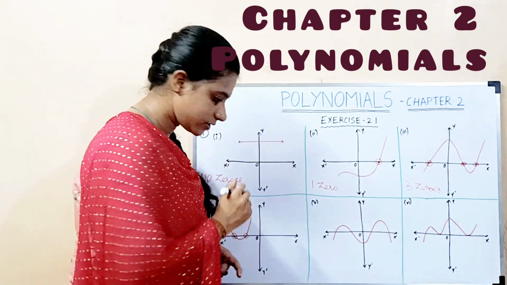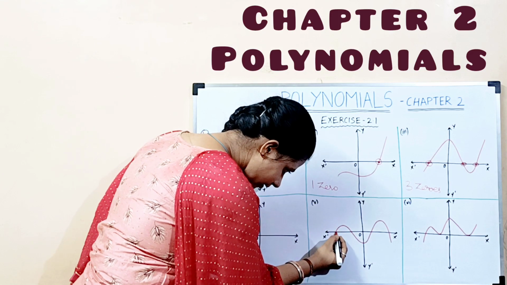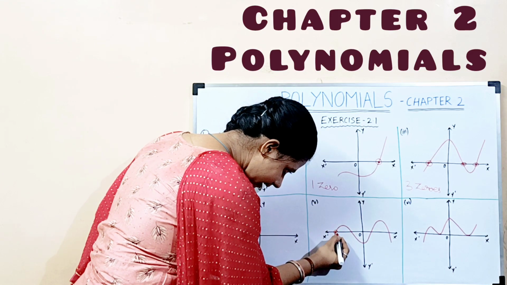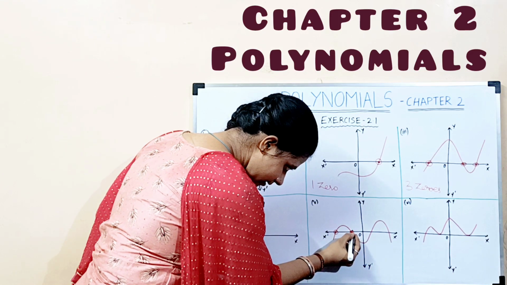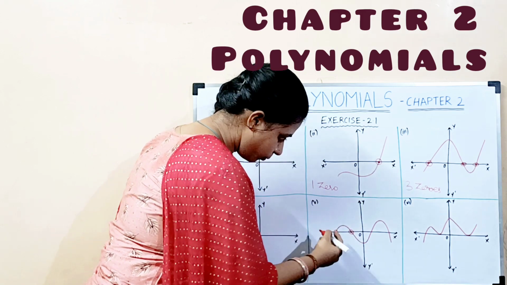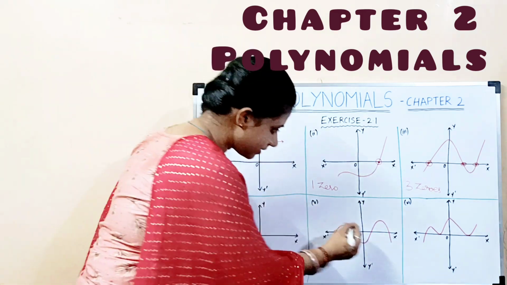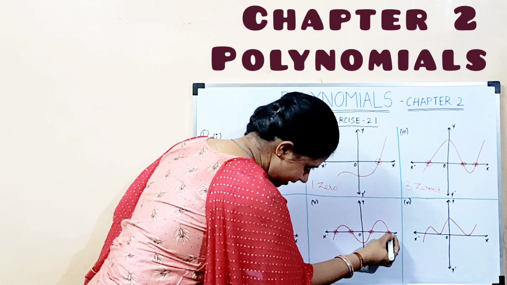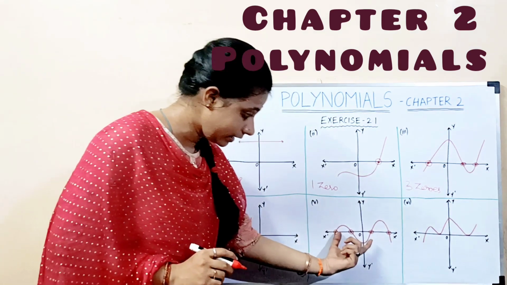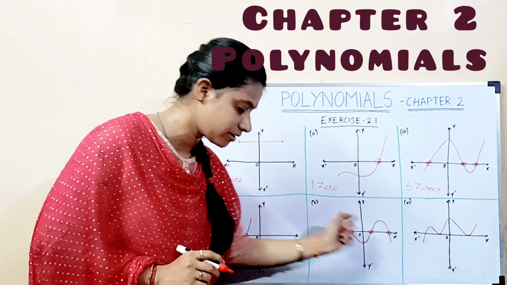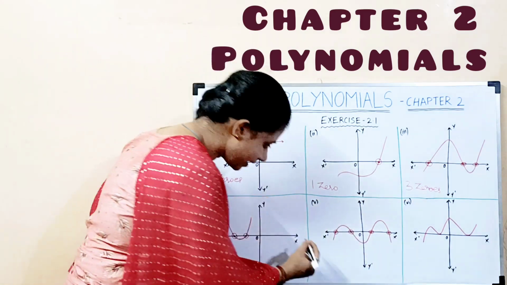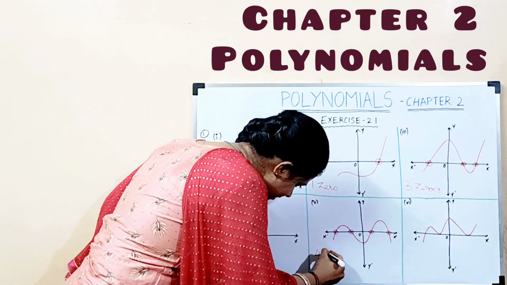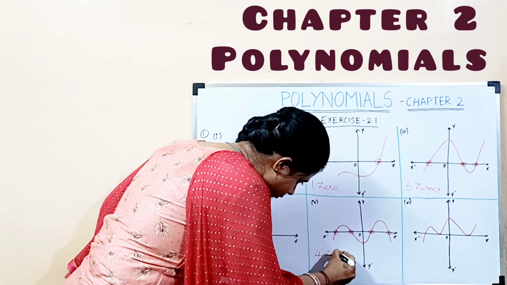Now coming to the fifth subdivision, when we trace the graph, we can see that it intersects at 2 points on the negative x-axis and 2 points on the positive side of the x-axis. So totally it intersects 4 times at the x-axis. So we can say that it contains 4 zeros.